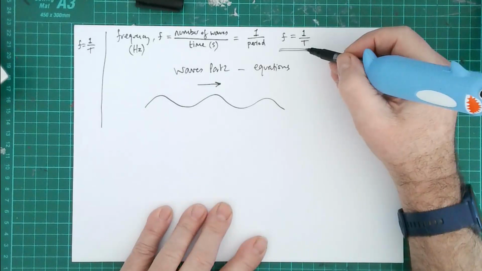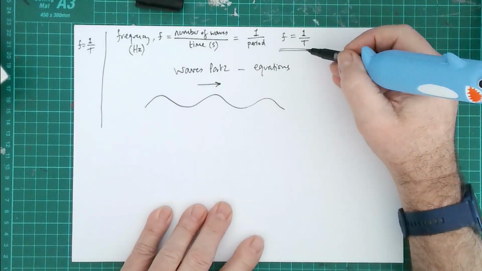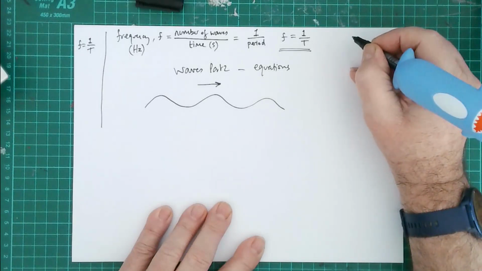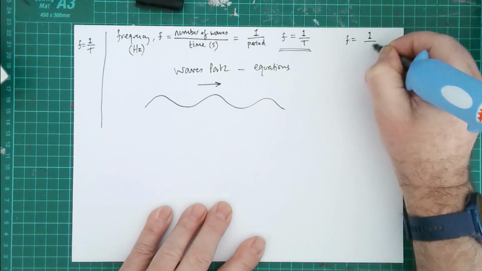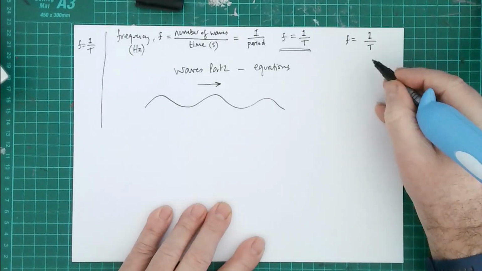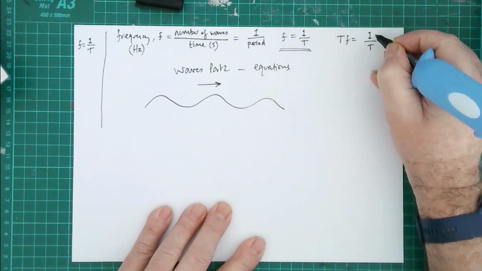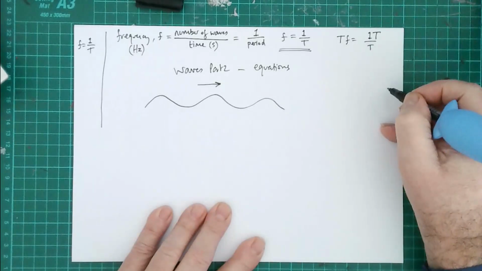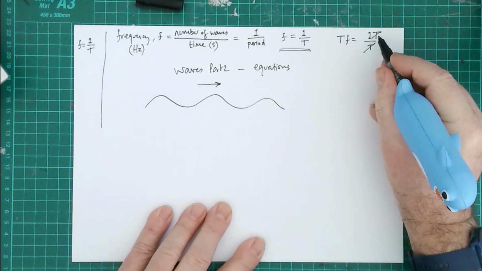I can play around with this and I can rearrange it in various different ways. If I'm starting with f equals 1 over T, just for fun I can multiply both sides of the equation by T, and I end up with that. That would cancel out and I get Tf equals 1.